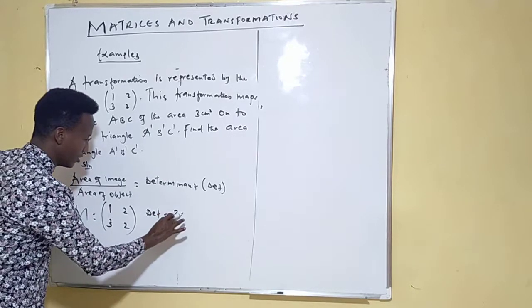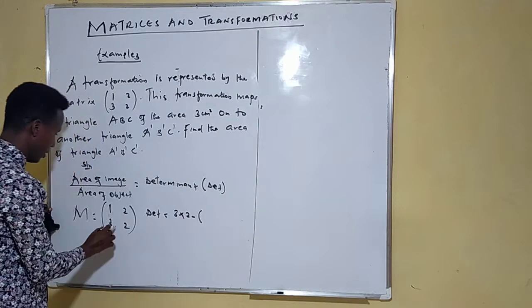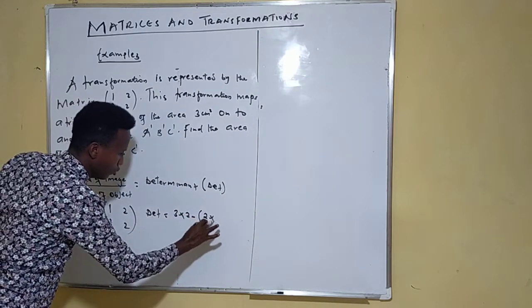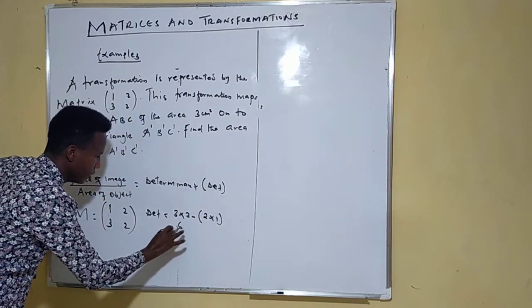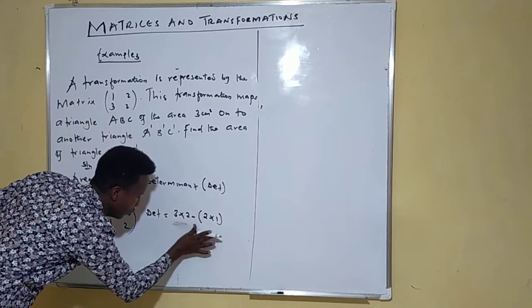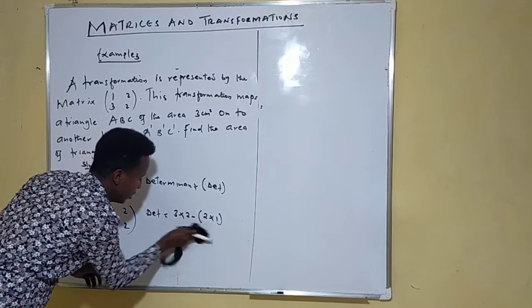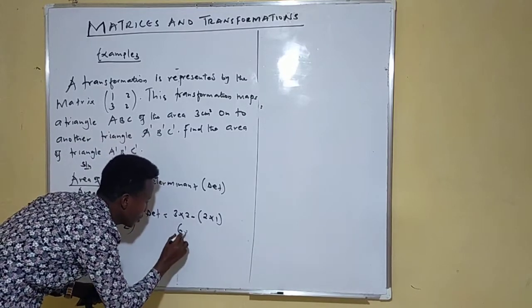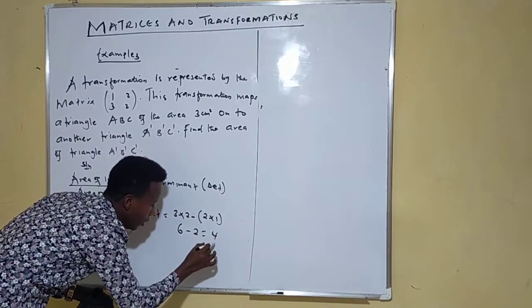So 3 times 2 minus 2 times 1. That will give me 6 minus 2. 6 minus 2 is 4.